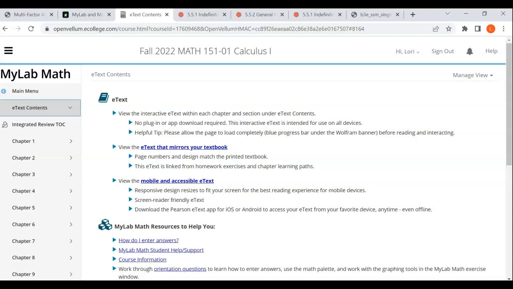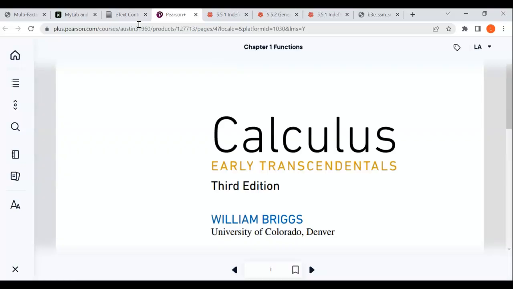Watch. Oh, go to EText contents, EText that mirrors your textbook. There we go. I knew it was somewhere. Then you should be able to plug in a page number. I'm pretty certain there's a place you can plug in a page number. I know we did that. We did this way back when we were doing limits. There it is. That's what we wanted. So hit EText and then mirror your textbook.